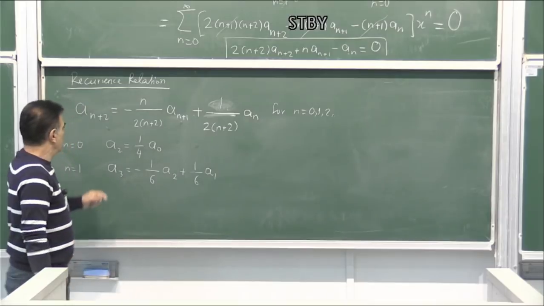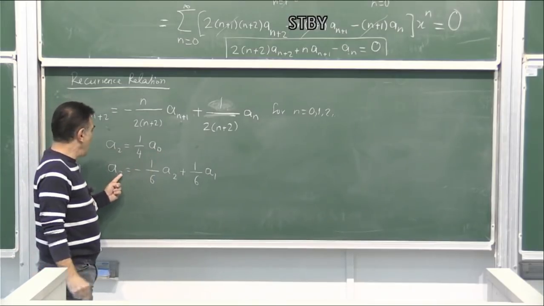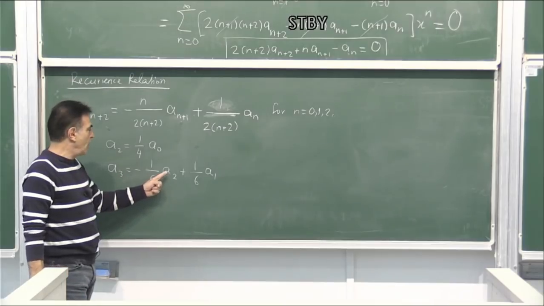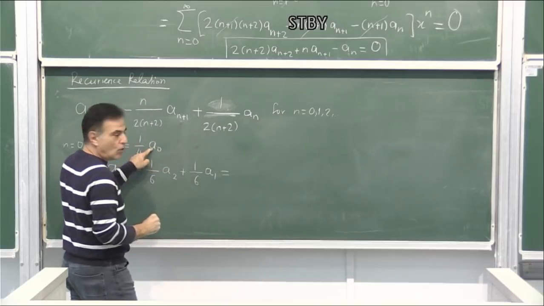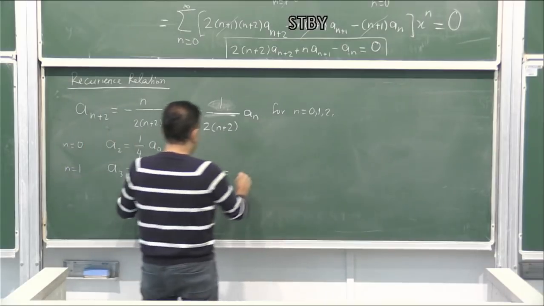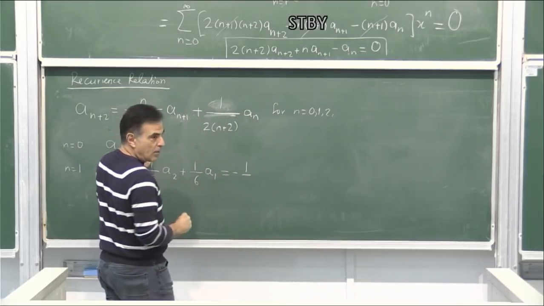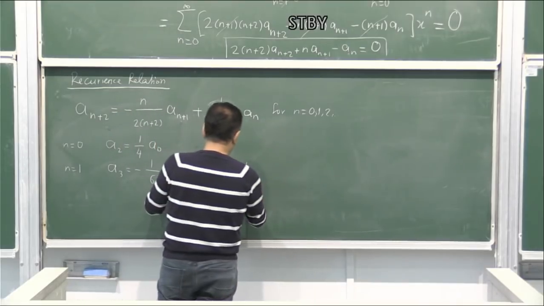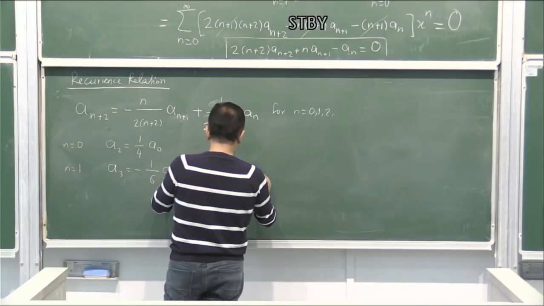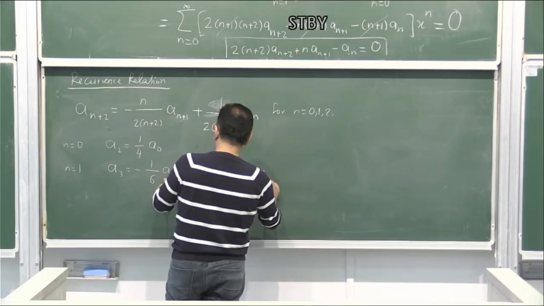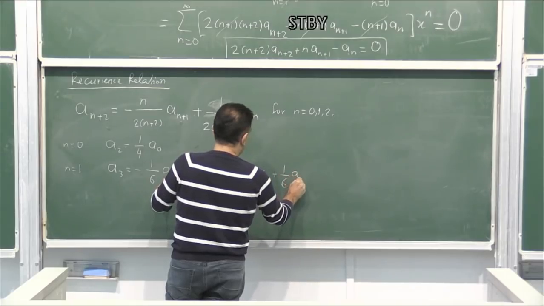Good. So a2 is written in terms of a0, but a3 is written in terms of a2 and a1, but a2 is written in terms of a0, so a2 may be written as 1 over 4 a0, giving minus 1 over 24 a0 plus 1 over 6 a1.